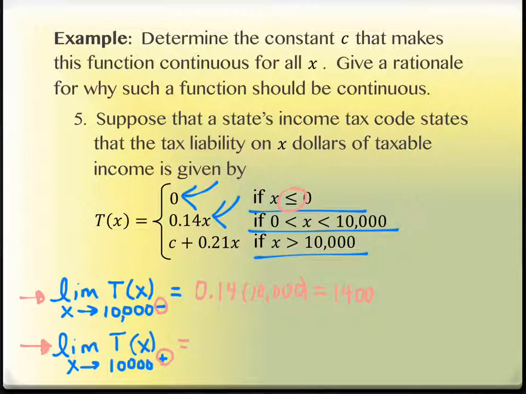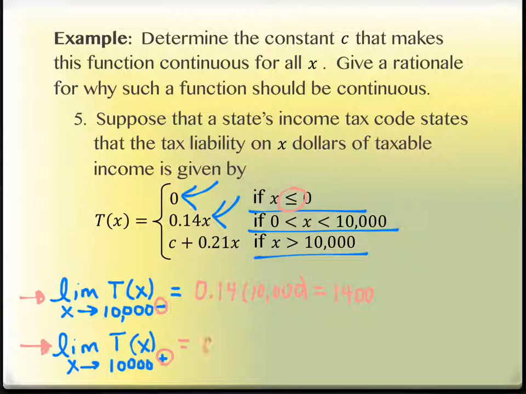What am I going to do before I set it equal to the 1,400? Yeah, I'm going to plug in 10,000 to the third equation, right? Because this right up here says that I'm approaching 10,000 from the right-hand side. That means values that are slightly bigger than 10,000. Well, this right here says these are values that are bigger than 10,000. So I'm going to plug the 10,000 in for this x right here.